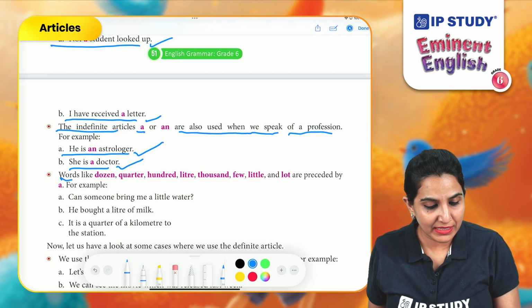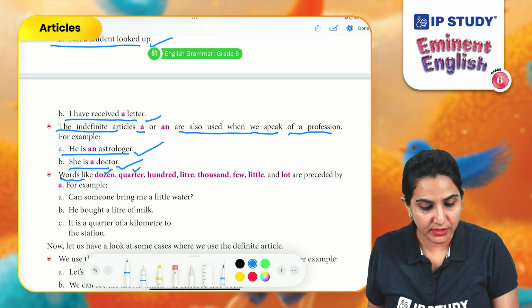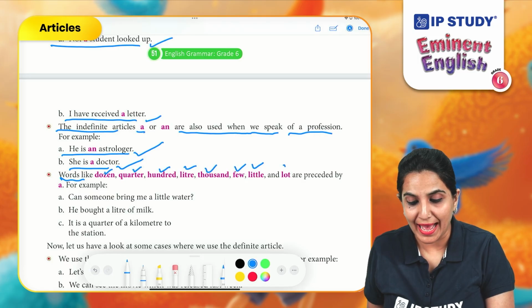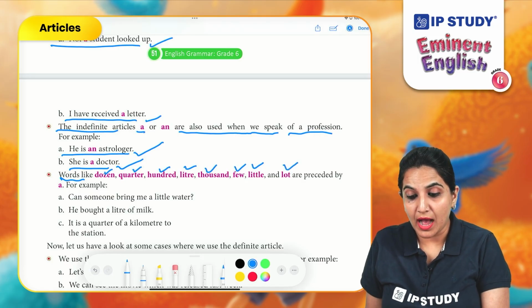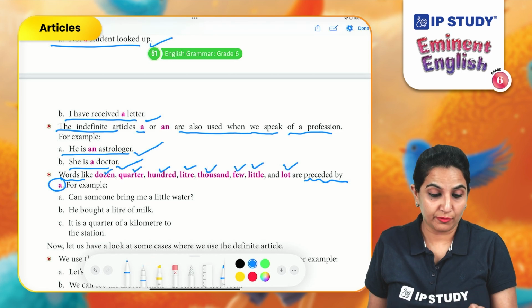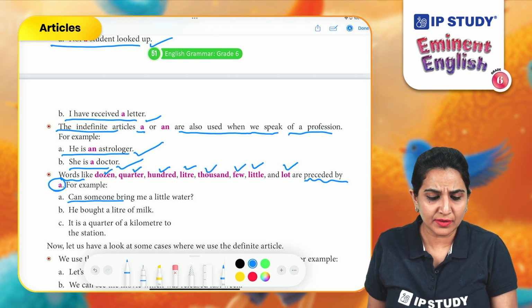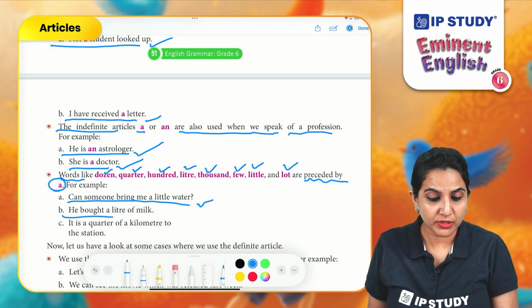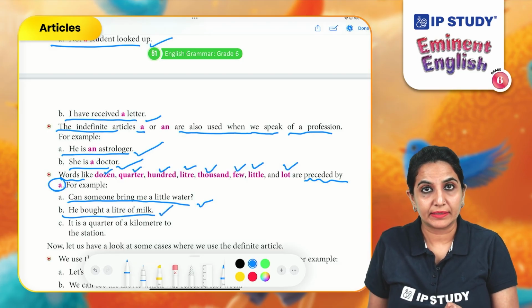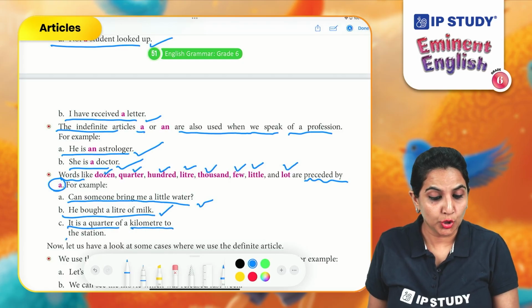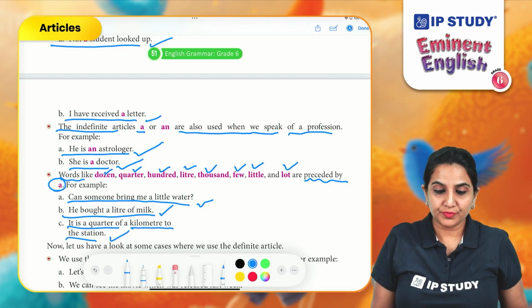Now, words like dozen, quarter, 100, liter, 1,000, few, little, and lot are preceded by article a. For example, can someone bring me a little water? He bought a liter of milk. It is a quarter of a kilometer to the station.